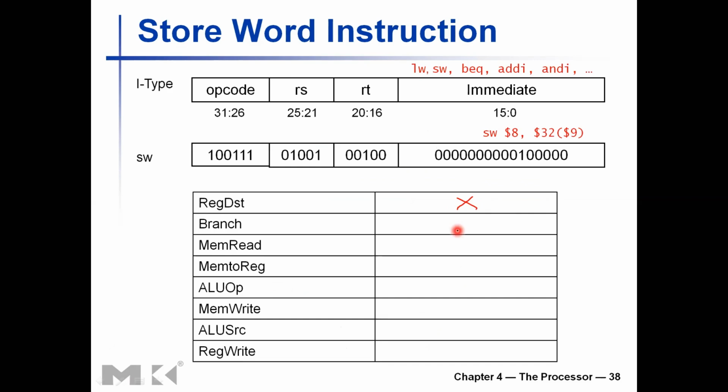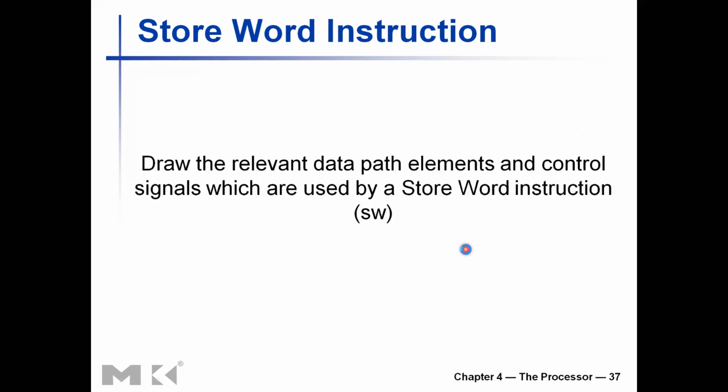And branch, it should be 0. This is not a branch instruction, right? It should be 0. Can someone tell me the values for these other signals as well? Memory read, what is the value for that control signal?